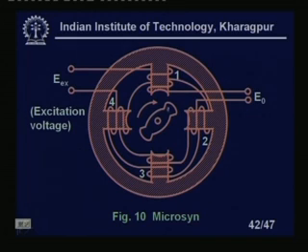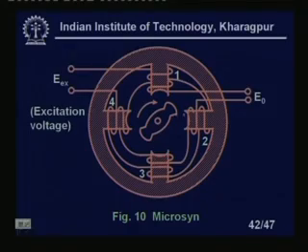Though I am saying that at the null position these two voltages are exactly the same, and the reluctance is exactly the same, in the figure it appears exactly the same, but two magnetic circuits are extremely difficult to make exactly identical. So there will always be some mismatch. Though it is a null position, where these voltages should nullify each other, you will get a non-zero voltage, right. That is what is called the null voltage of a microsyn.